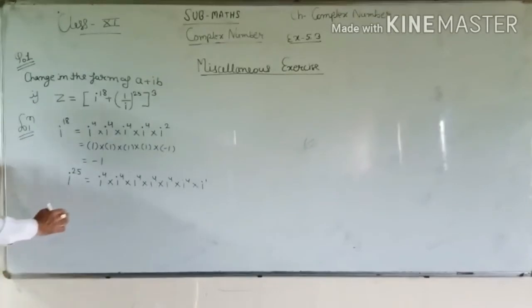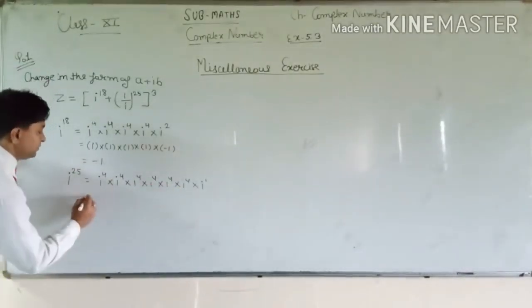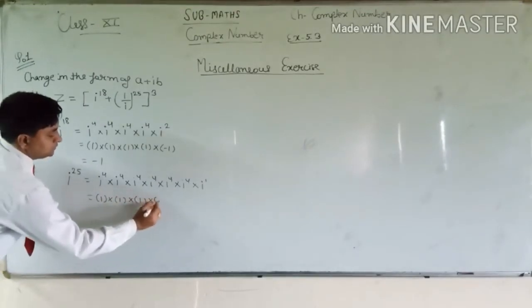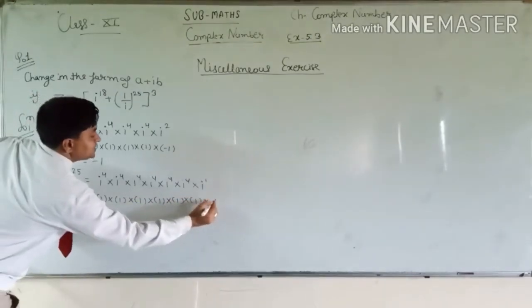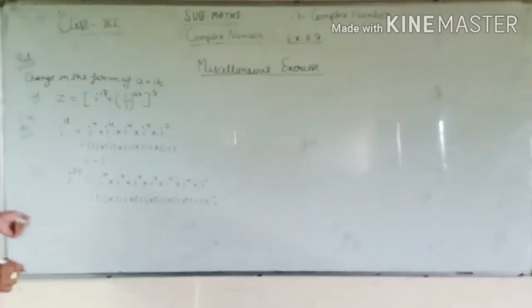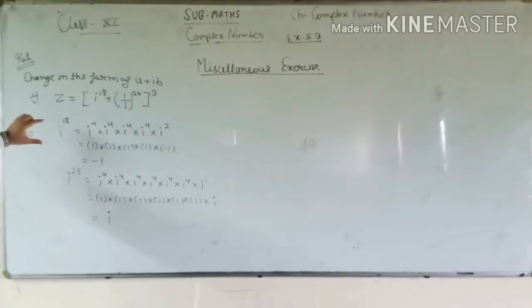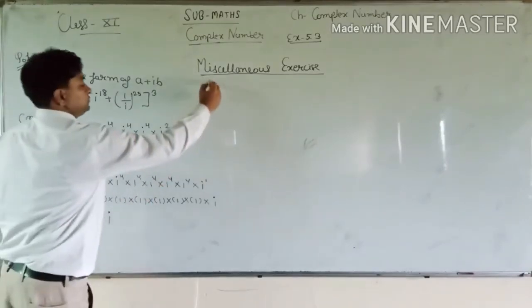Now we know that each of these is 1, and in the last, this is iota. So iota is multiplied by 1, then we find iota. So iota power 18 gives the answer minus 1, and iota raised to 25 gives the answer iota.